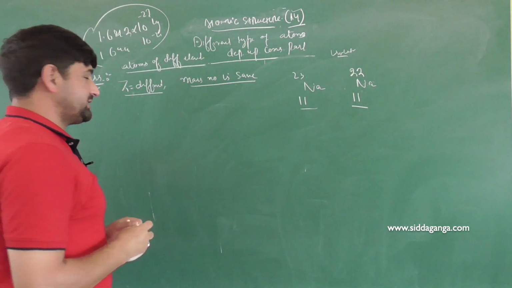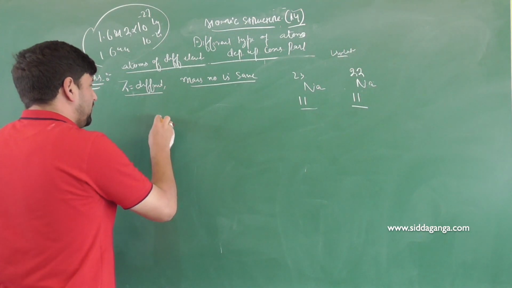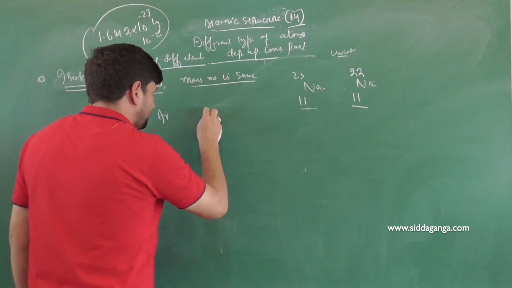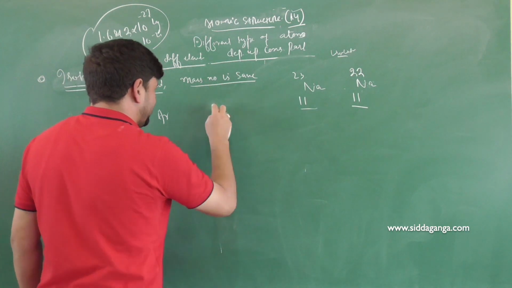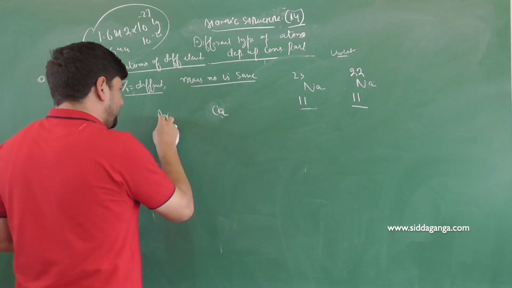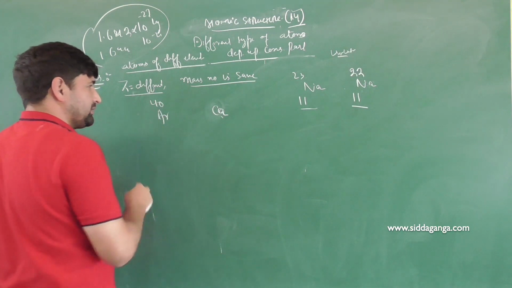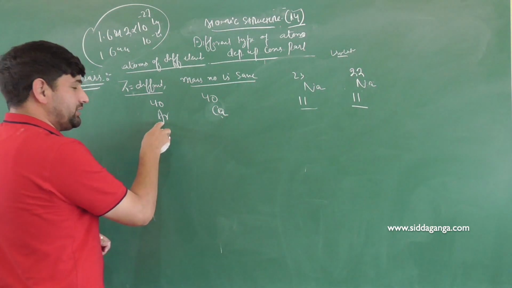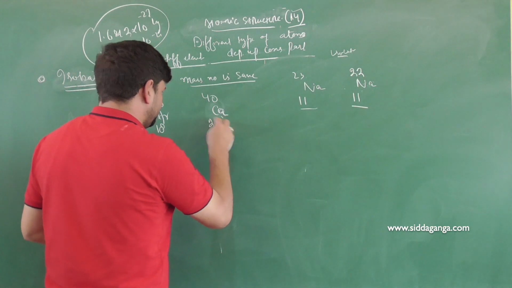If you take different elements, say we have argon and we have potassium, or we can take calcium. Mass number of argon is 40, mass number of calcium is 40, but the atomic number of argon is 18 and the atomic number of calcium is 20.